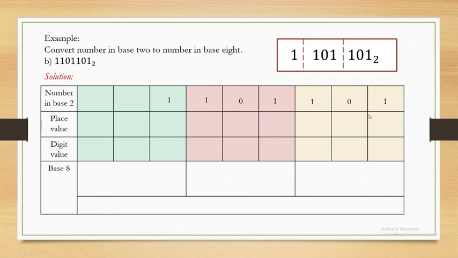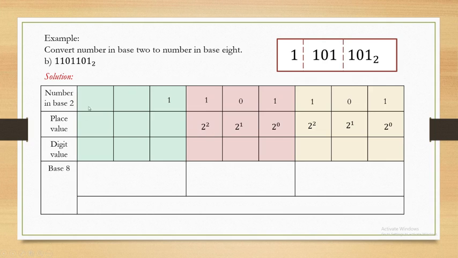Place value must start from the right, which is 2 power of 0. Why 2? Because this is base 2, and then 2 power of 1, 2 power of 2. Then this is another group, so it must start from 2 power of 0, and then 2 power of 1, 2 power of 2.